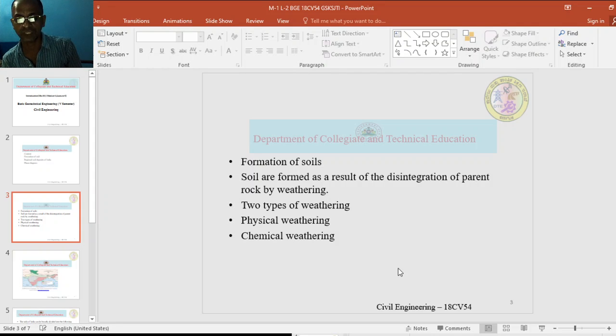Then the agency which causes weathering plays a vital role. One is the physical weathering agency, another one is the chemical weathering agency. What are the physical agencies which are causing weathering?